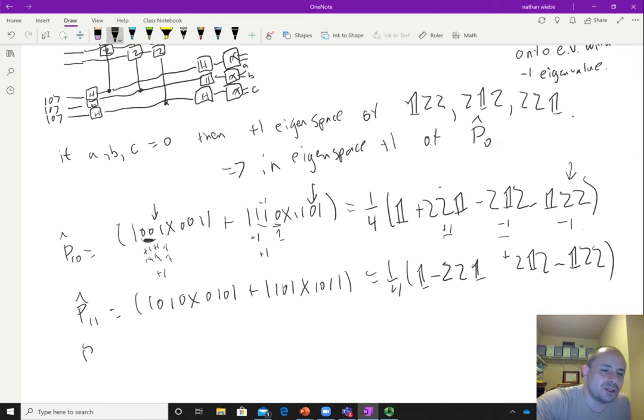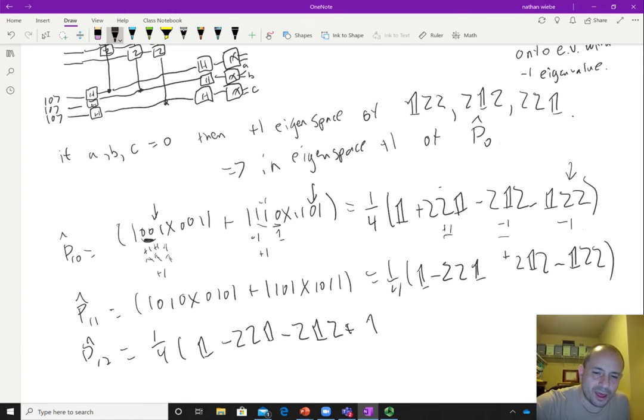And similarly, we can go and write the error on the last remaining bit, and that is, unsurprisingly, 1/4 of I minus ZZI minus ZIZ plus IZZ. And we see that this is exactly what we expect, because this is the bit that's been flipped for that error class. And so we would expect a -1 sign on all the terms involving that qubit.